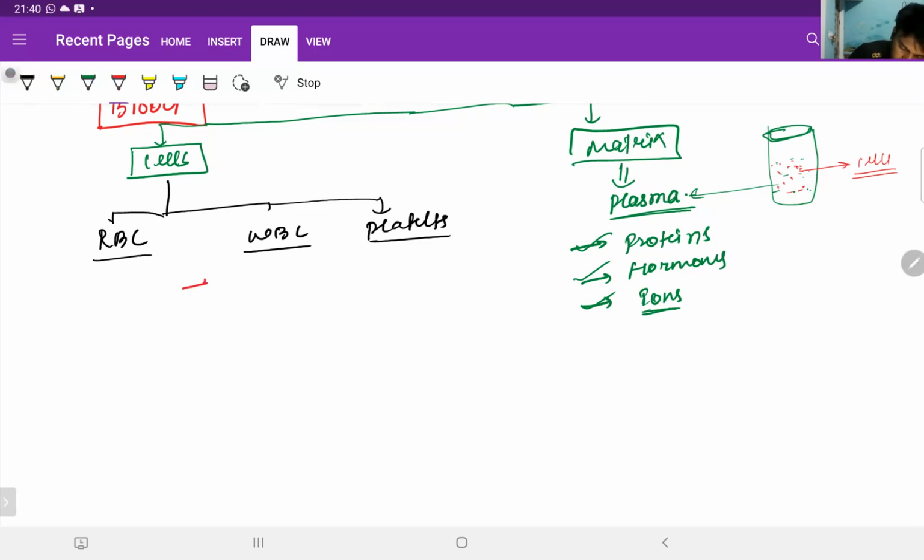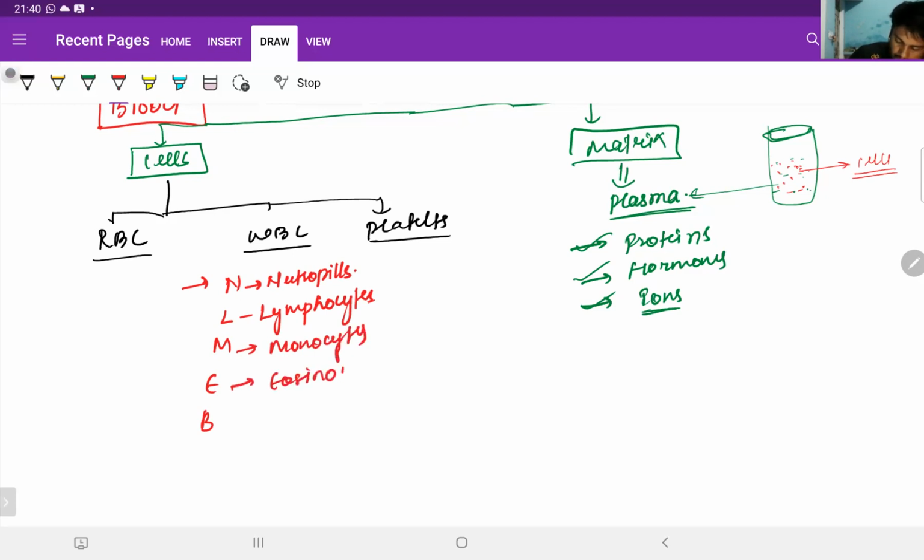When I talk about WBC, I'll give you a mnemonic: NLMEB. N stands for neutrophils, L stands for lymphocytes, M stands for monocytes, E stands for eosinophils, and B stands for basophils.